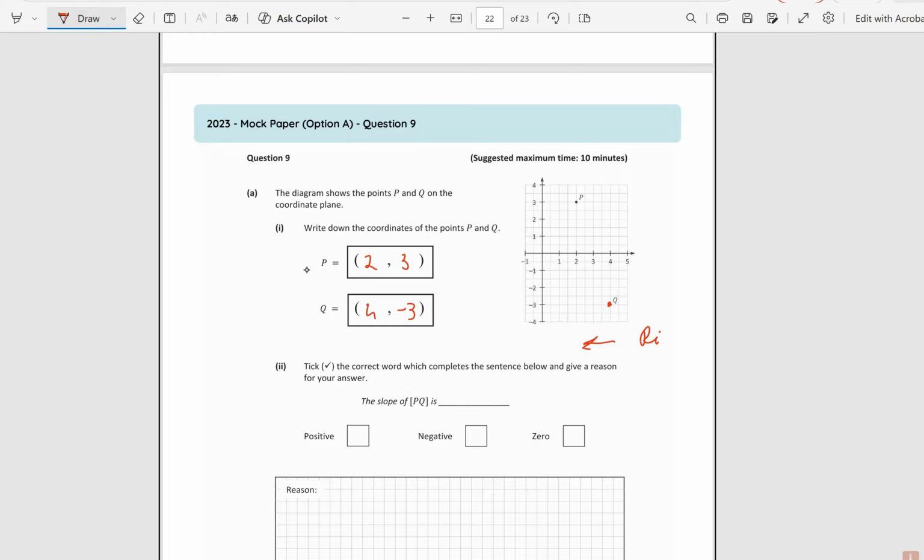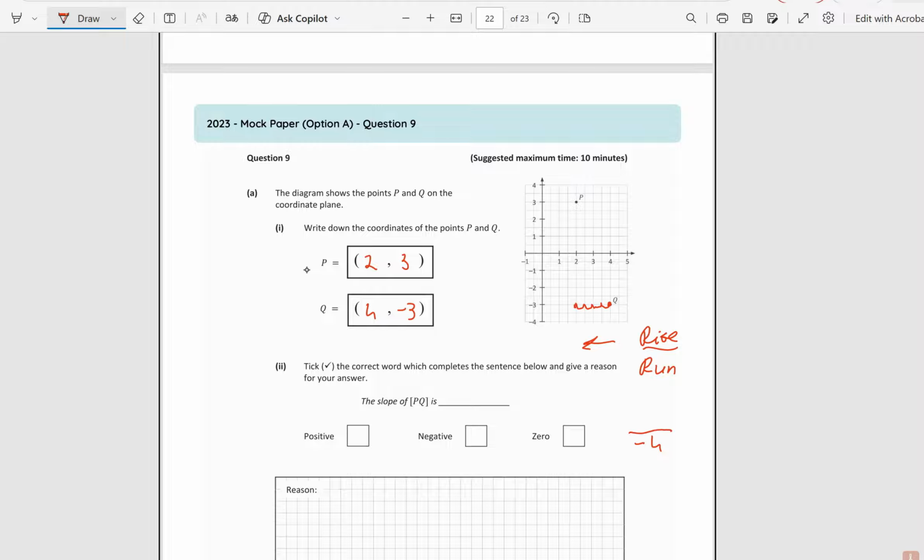If you remember your rise over run, you could use your slope formula, y2 minus y1 over x2 minus x1. That's fine. But it's just quicker for me to do it this way. So how many blocks do I have to run to get right under P? 1, 2, 3, 4. So I have to go minus 4.